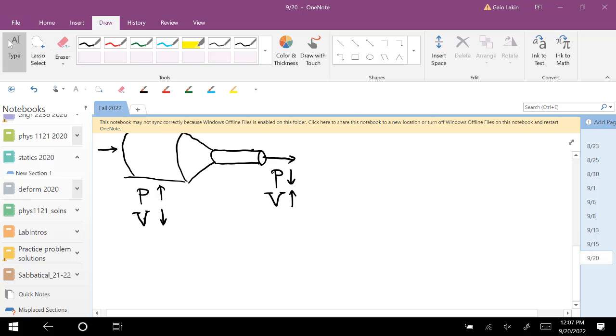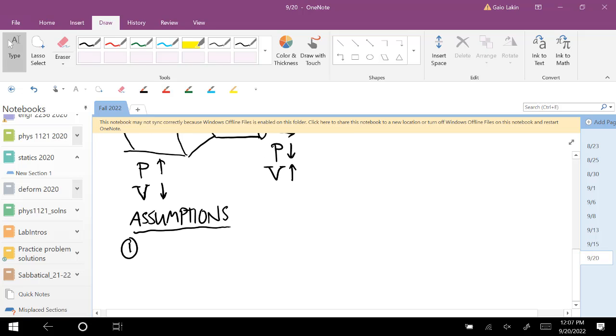And we're going to make the following assumptions. First, we're going to assume that this motion is steady state. There's no material building up inside of the device.